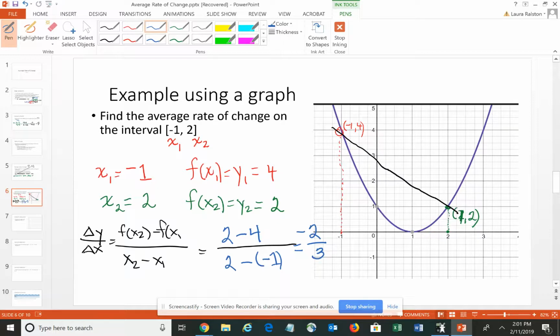So the slope, or the average rate of change between -1, 4 and 2, 2 is -2/3. So the average rate of change on that interval is -2/3. And hopefully you can see that visually. The negative implies it's going down, and it does appear to do so.